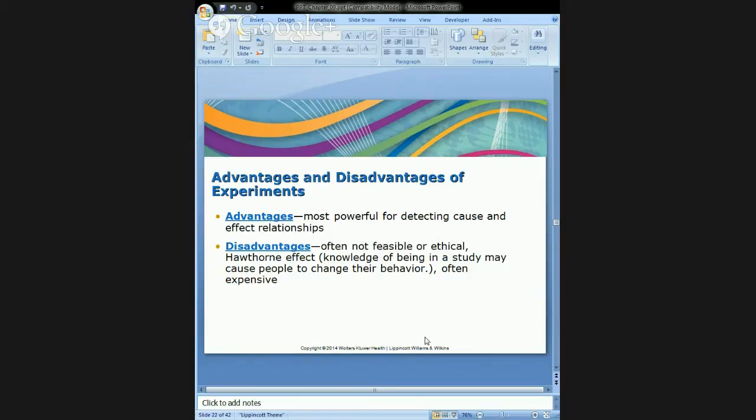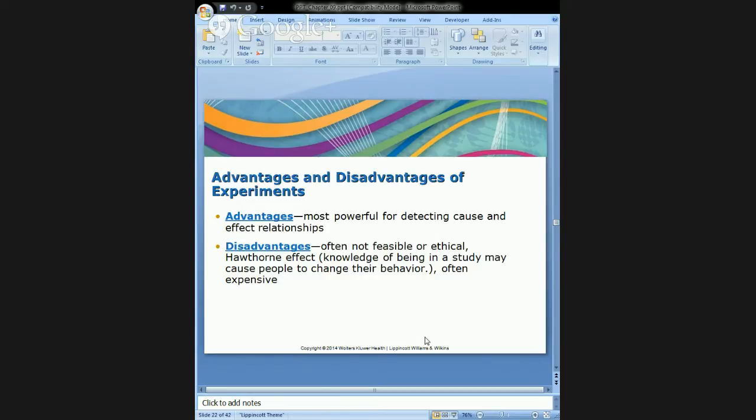Okay, some advantages and disadvantages of true experiments, these that are controlled and have randomization. They are very powerful in showing cause and effect. However, they can be very difficult. It's very difficult to control for every confounding variable that may be out there. Sometimes it's unethical if you know that a treatment is good and you turn people away just so that they can be in the control group so that you can have a really strong study.